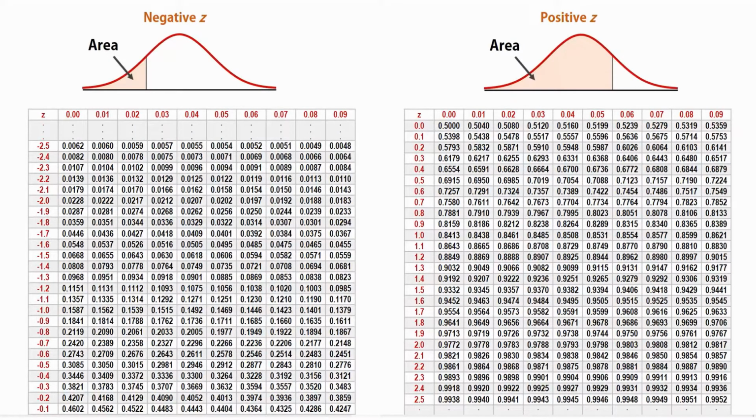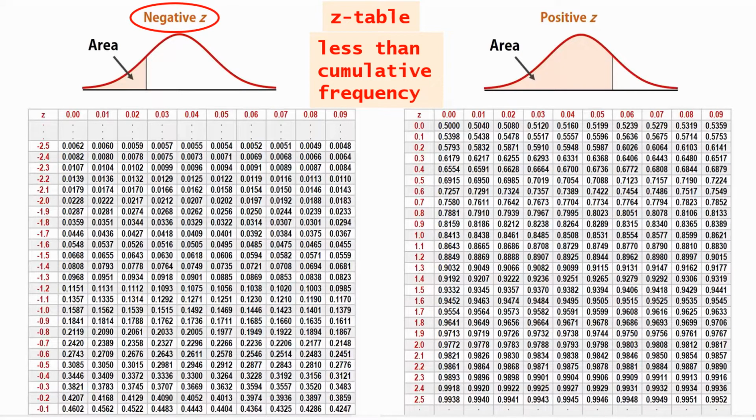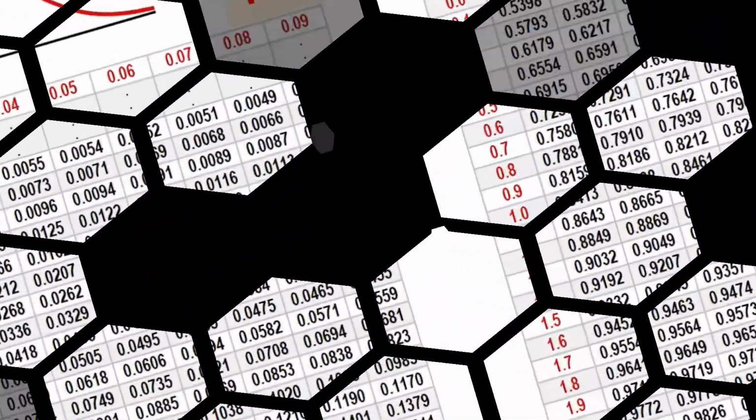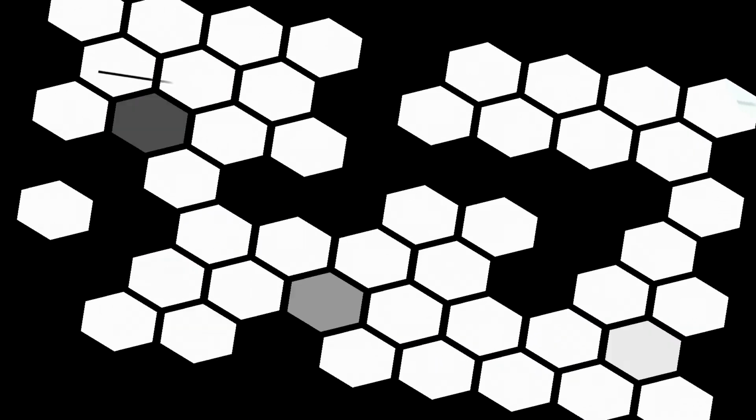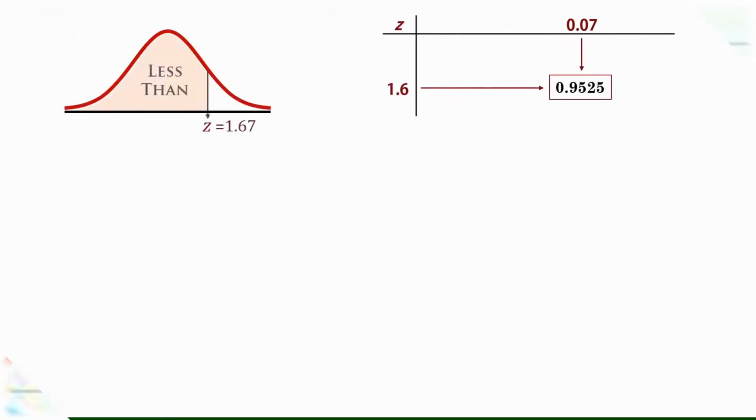We are going to use this z table, which is the less than cumulative frequency, because we have the negative z and the positive z. In summary, if we are looking for the less than area, whatever the area in the table is the answer.